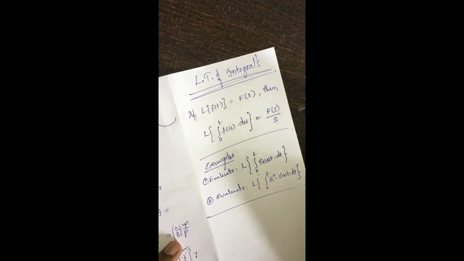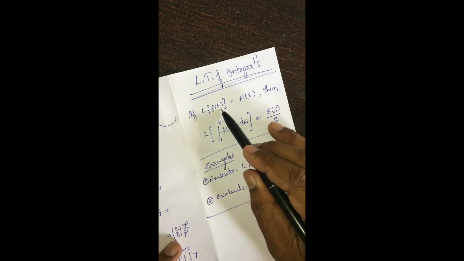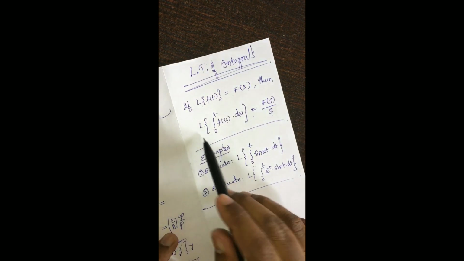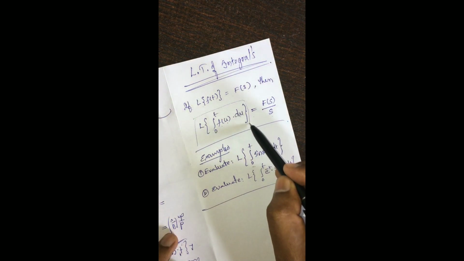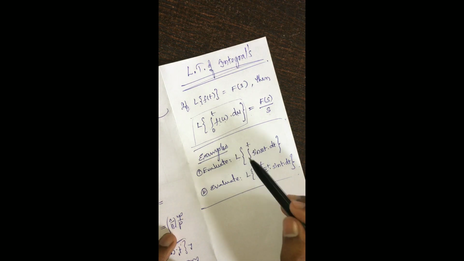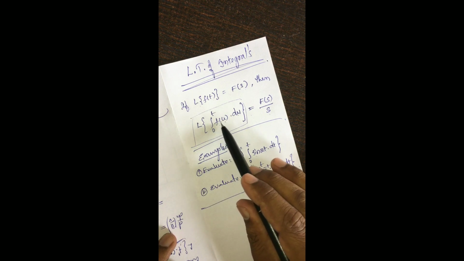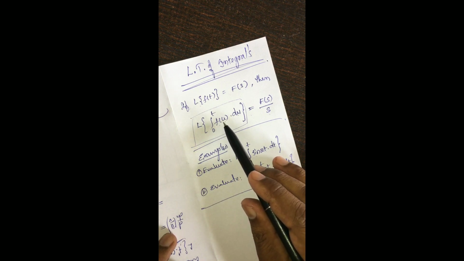Here F of s means the Laplace transform of f of t. For understanding, these questions are going to be given. So the Laplace transform of integral 0 to t of sin 2t dt.